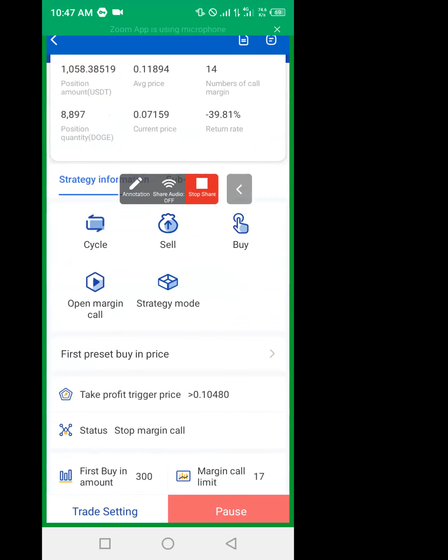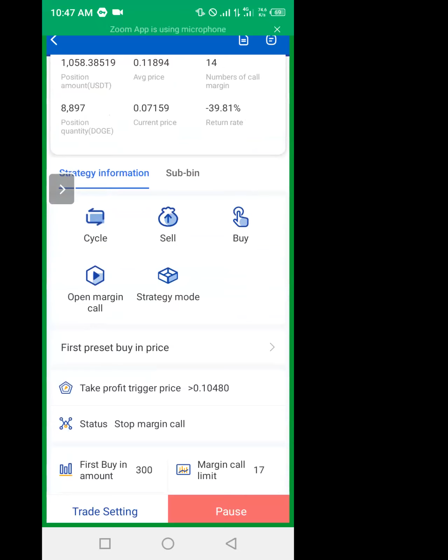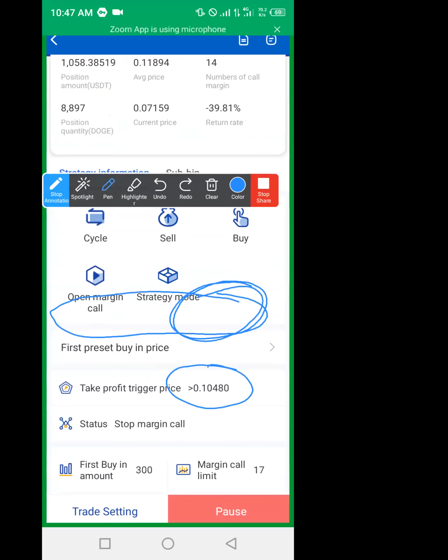Now, the 14th margin call will be sold at this price. When the current price moves and reaches 0.10480, the 14th margin call will be sold. That's what it shows. And then the status for this trade is saying stop margin call.